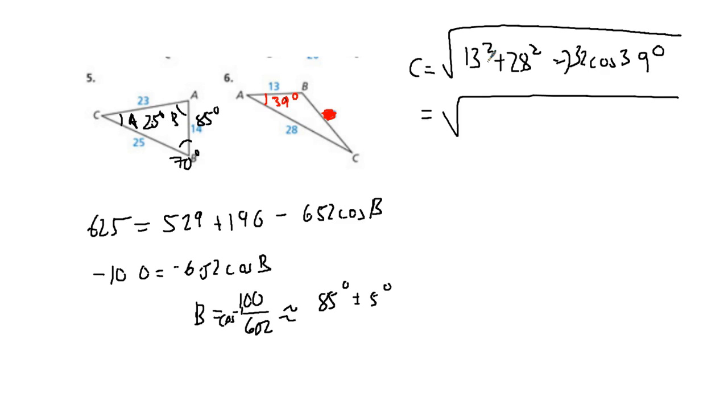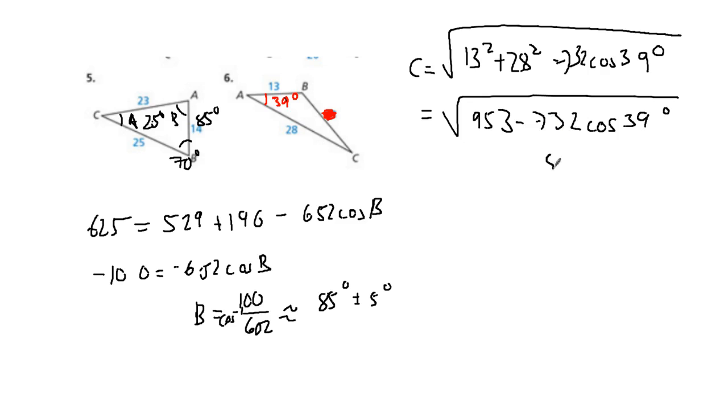169 plus 784, 953 minus 732 cosine 39 degrees. And cosine 39 degrees, if you look at the thing, it's about in the middle of square root of 3 over 2 and square root of 2 over 2. So the value is roughly 0.75, let's say, 3/4.